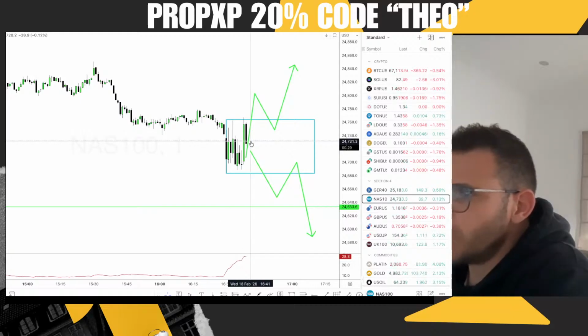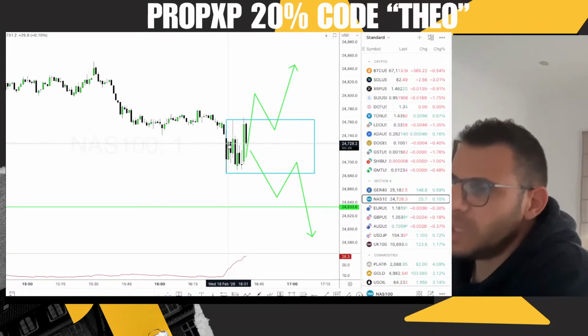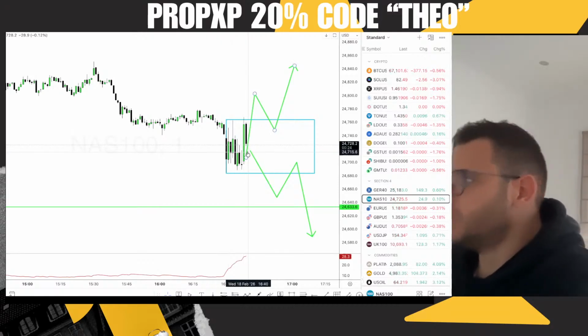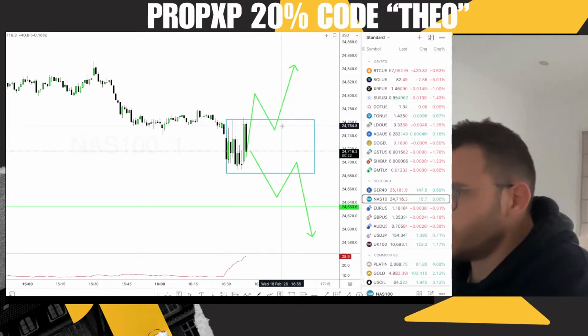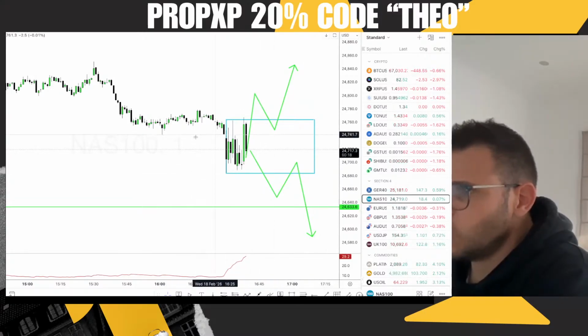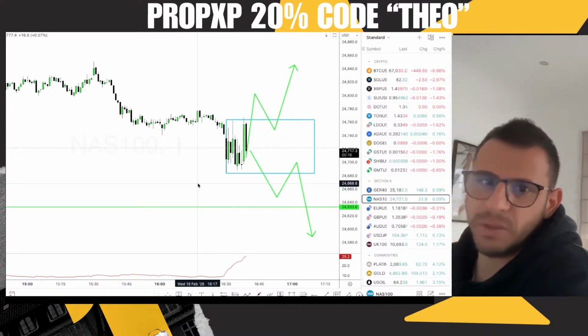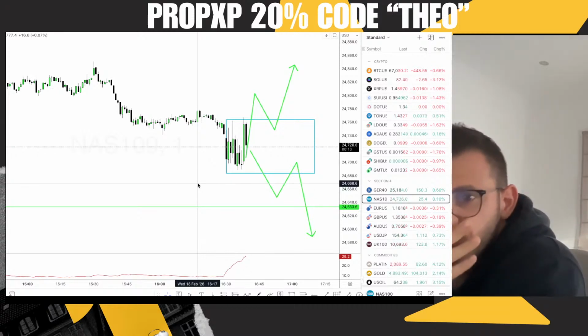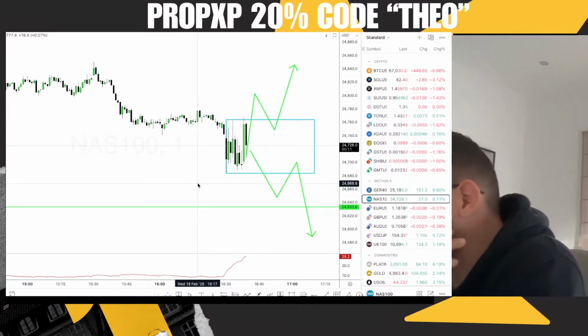Now pretty much we are back where we started trading. We need direction. Without direction there is not much we can say here.